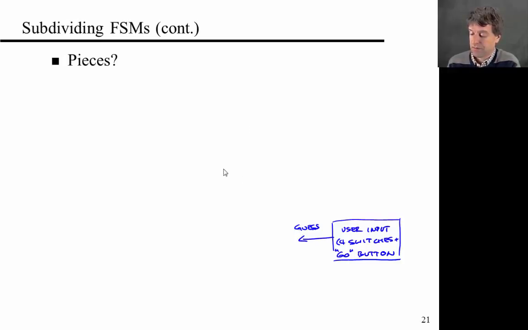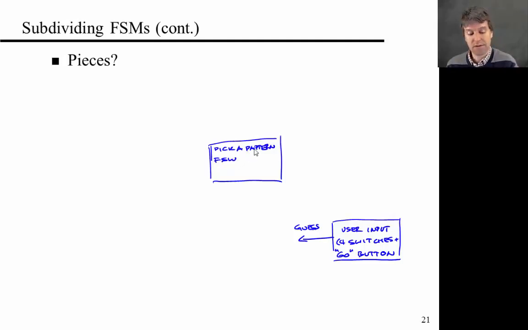You're also generating the actual pattern. So pick a pattern. And that's an FSM, an FSM with 16 states.